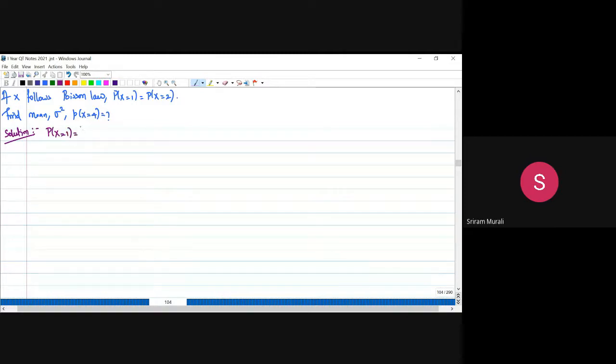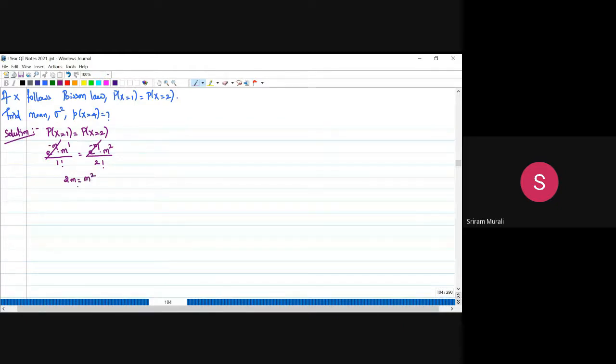You know what the distribution is: e power minus m, m power x by x factorial. For x is 1, it is m divided by 1 factorial, that is 1. Equal to e power minus m, m square by 2 factorial. E power minus m gets cancelled. Cross multiply: 2m is equal to m square.